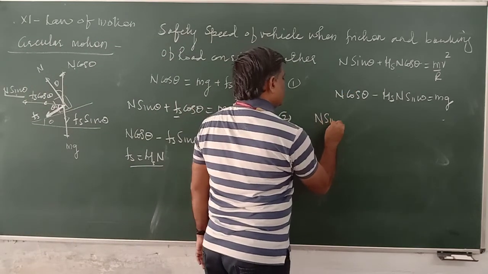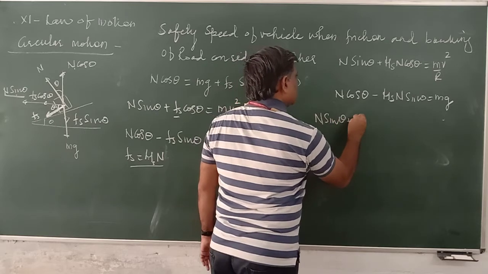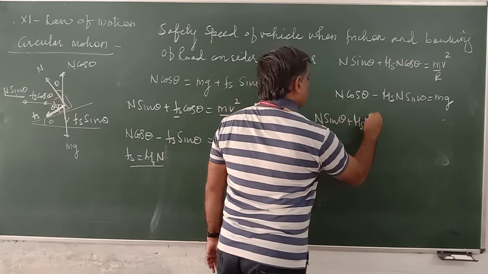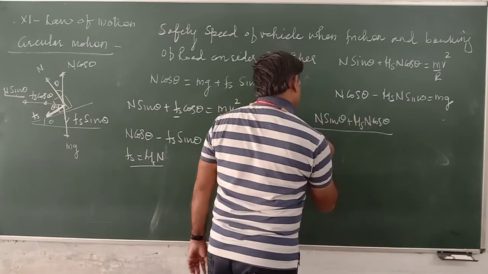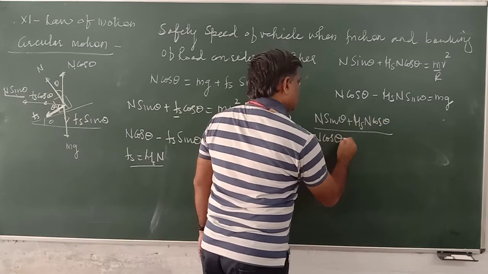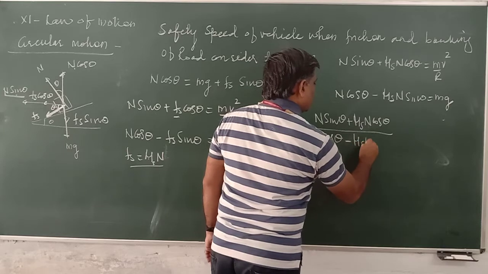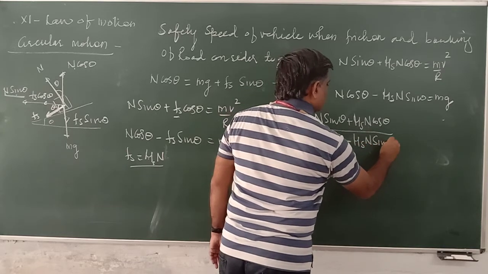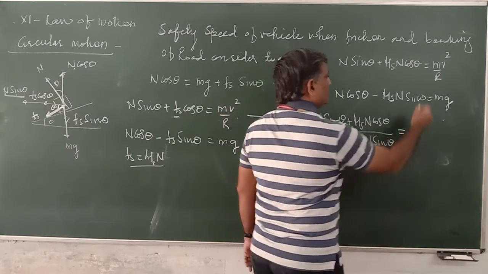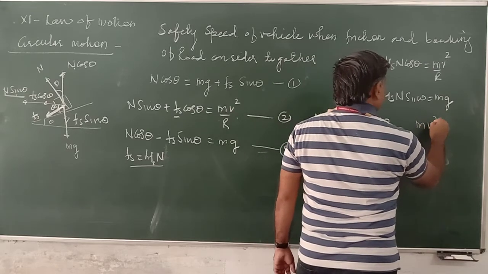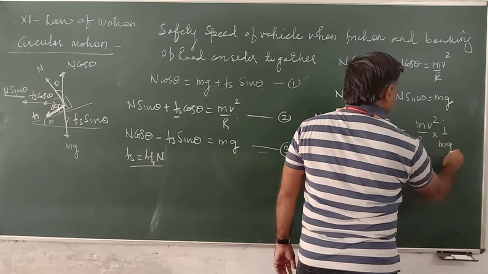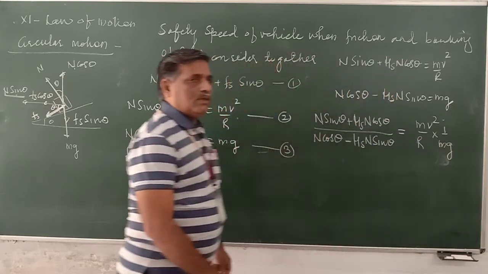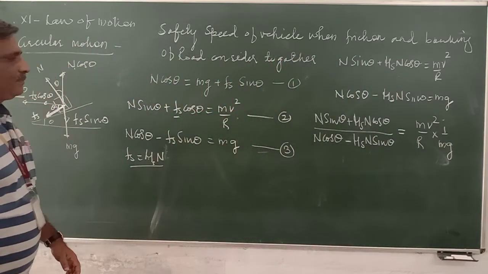So n sin theta plus mu s n cos theta divided by n cos theta minus mu s n sin theta, which is equal to mv square by r into 1 by mg, which is equal to v square by rg.